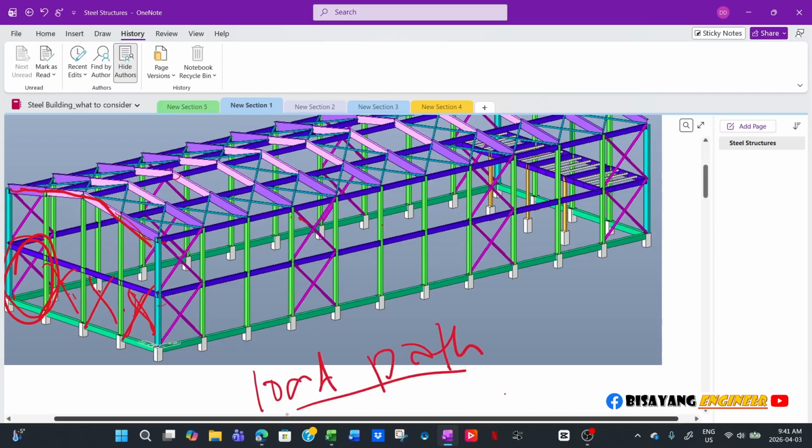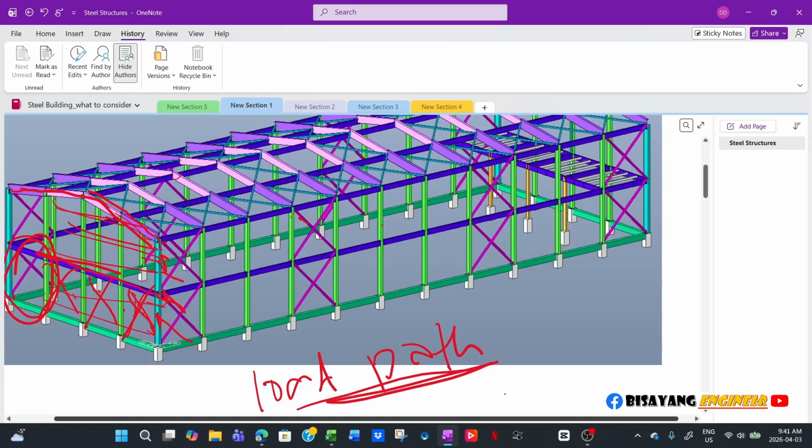You have to make sure that you understand where your loads are going. So if your force, for example, is going in this direction, then it will be transferred through this frame here, and then through this horizontal bracing, and then you have claddings here anyway, so you will have girts.